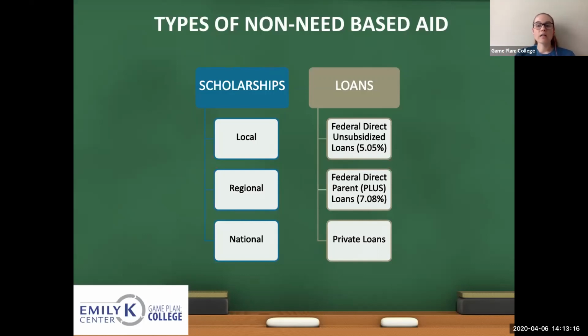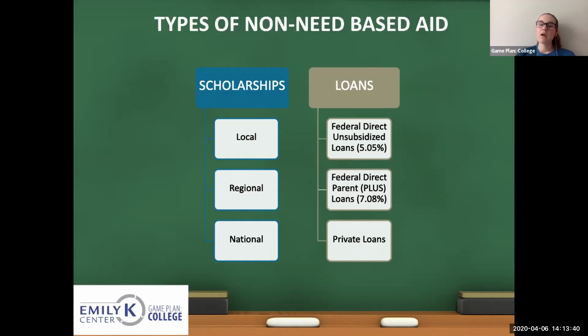There's also non-need-based loans. Whereas before I said that for the subsidized loan, you had to be around the poverty line as determined by the USDA to get that loan, these loans from the federal government can be given to anyone regardless of how much money your parents make.